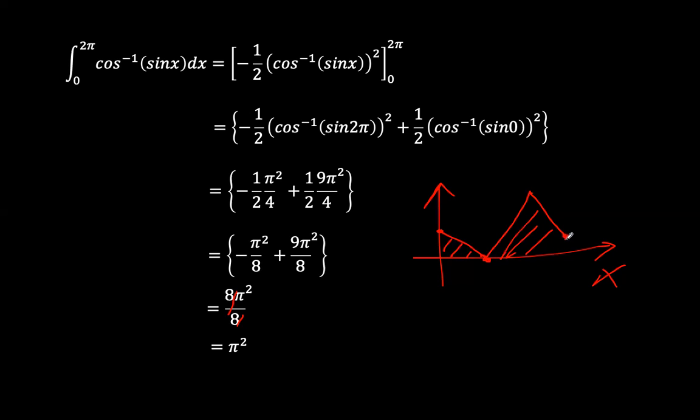If you know your values here and you know your values here, because these values are the same as this value, you can essentially transfer this side and you have something like a triangle, because the missing triangle here is the same as this. So you have this triangle. And when you calculate the area of this triangle, I think you should get pi squared.